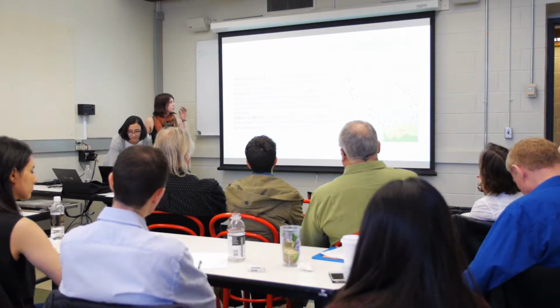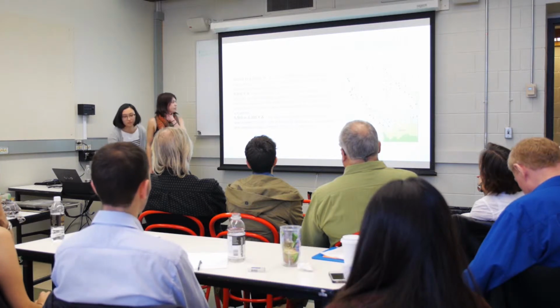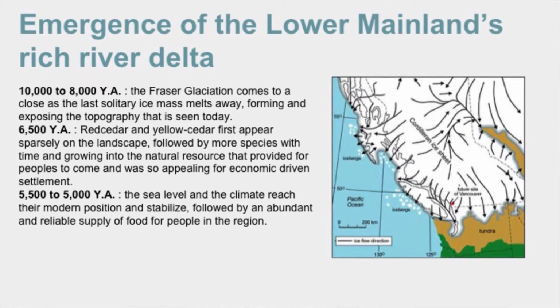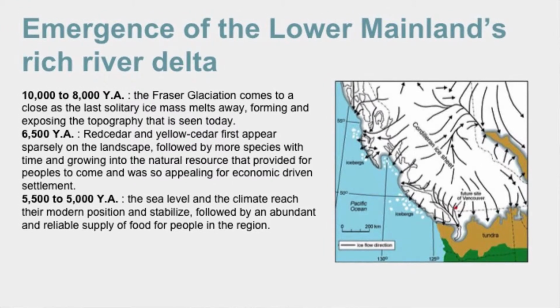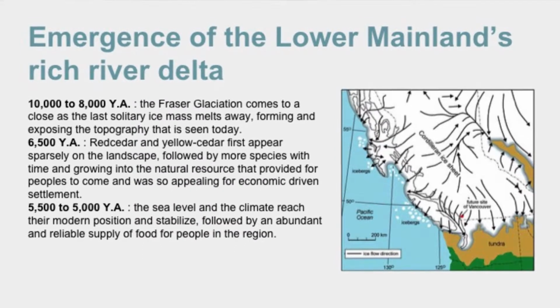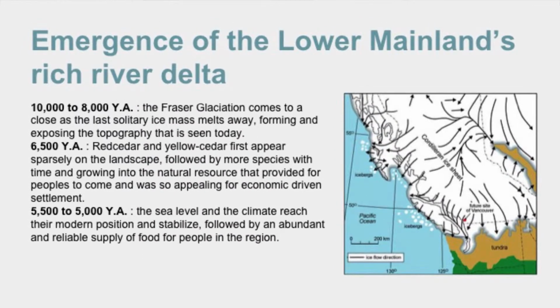So for the emergence of Lower Mainland's Ridge River Delta, that is our first milestone because we wanted to mark the fact that what we see today was produced through a lot of different forms and different stages, and we wanted to address how appealing it was for later populations and how it made it possible for populations to flourish in this area.